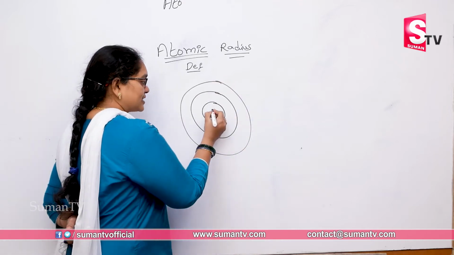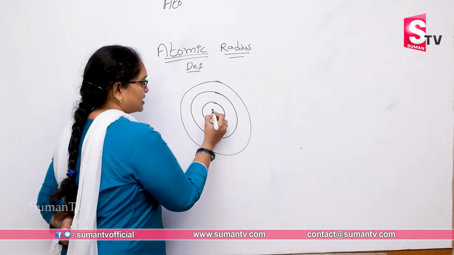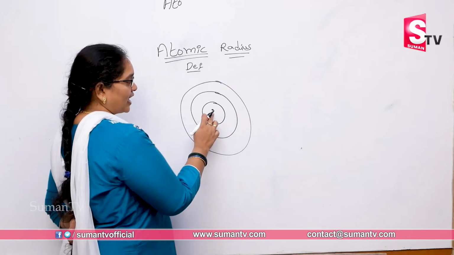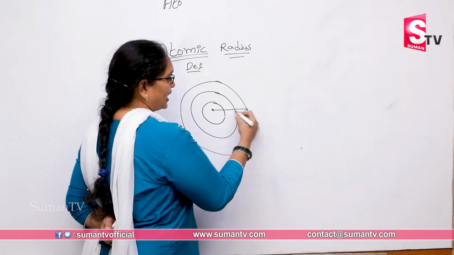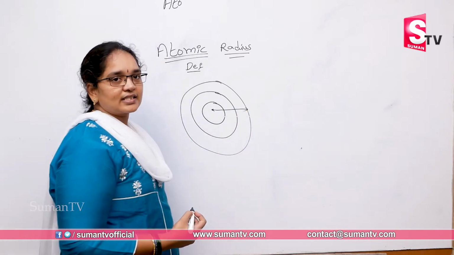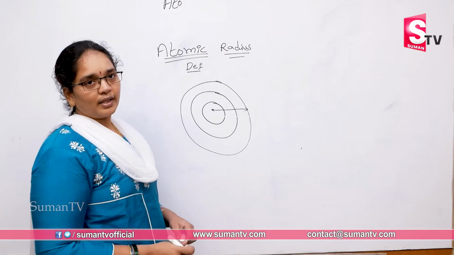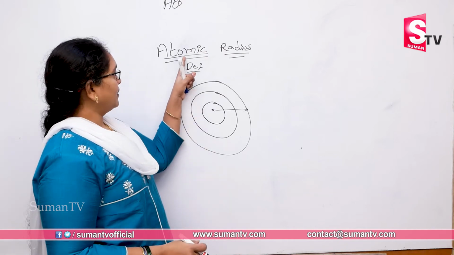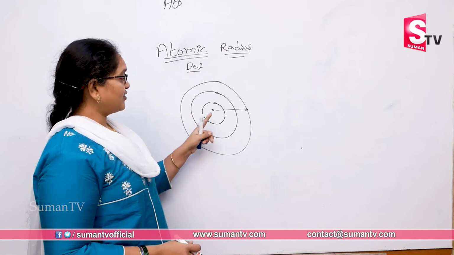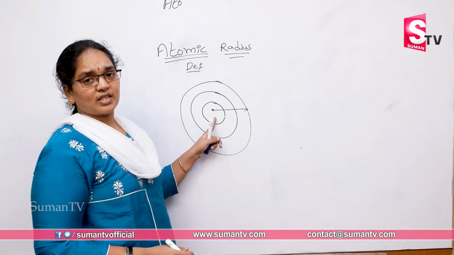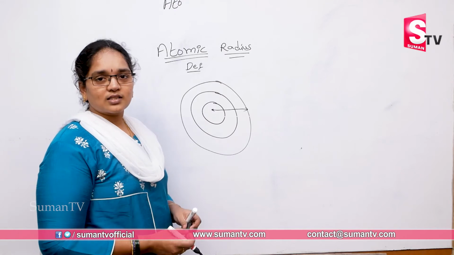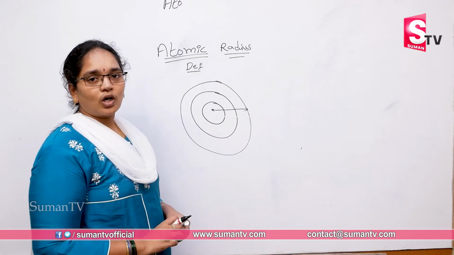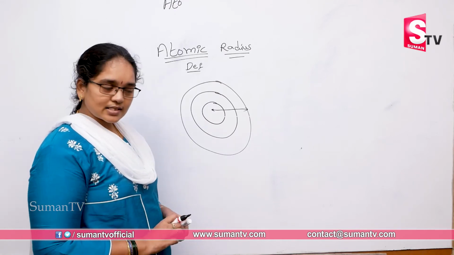The distance from the center of the atom, the nucleus, to the outermost shell where the electrons are present is called the atomic radius, or size.